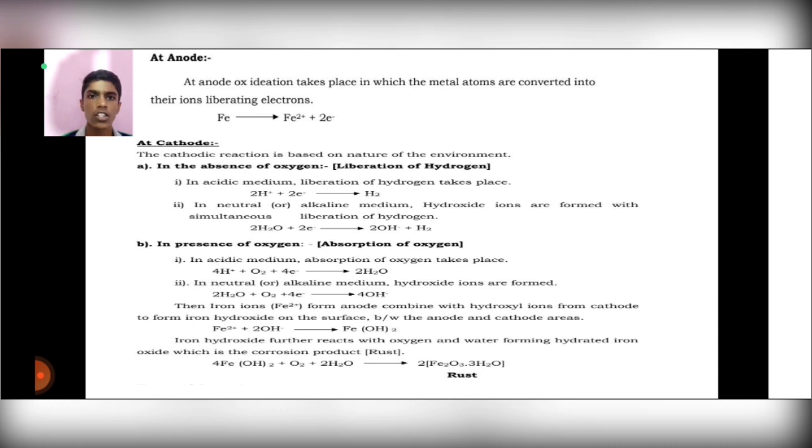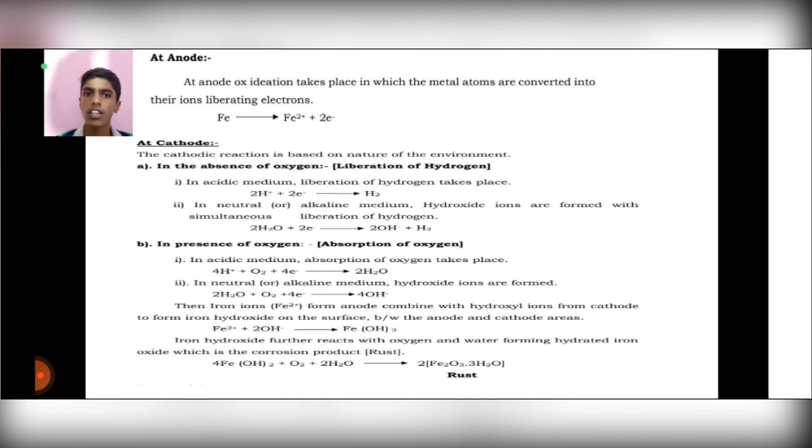In the presence of oxygen, in acidic medium, absorption of oxygen takes place: 4H+ plus O2 plus 4 electrons gives 2H2O. In neutral or alkaline medium, hydroxide ions are formed: 2H2O plus O2 plus 4 electrons gives 4OH- ions.